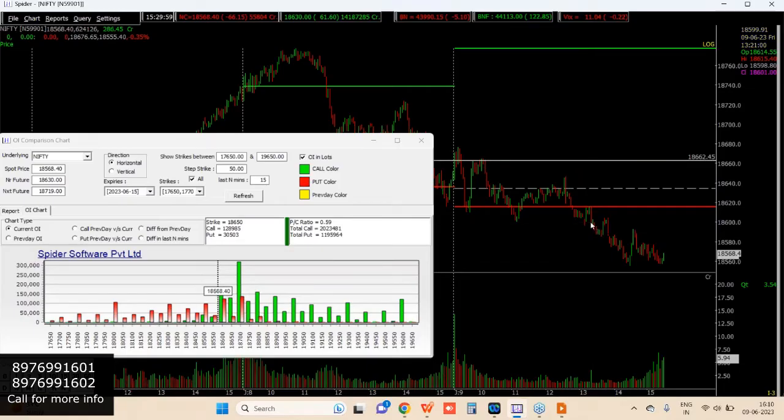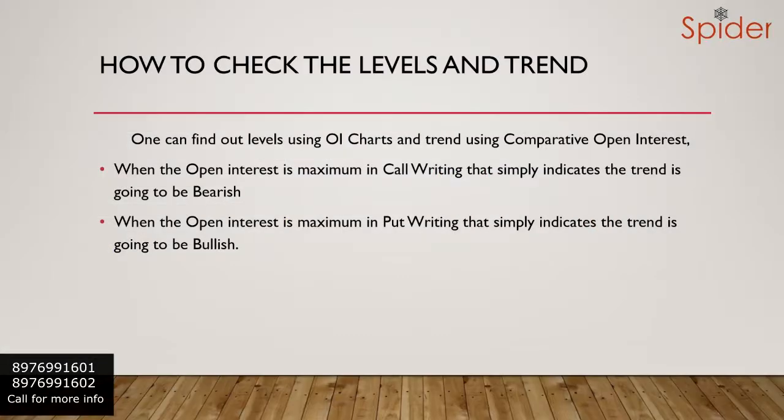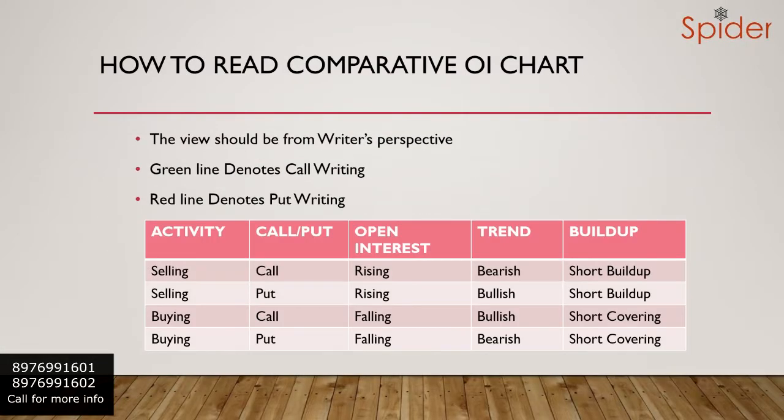Once it reaches this level, it is going to turn into a bearish or bullish pattern. If it would have broken the level of 18,700, the market would be bullish for the day. So these were some important levels. Now, as we have understood the levels, we are going to see how we can see the trend of the market. So now, how to read the comparative OI chart.